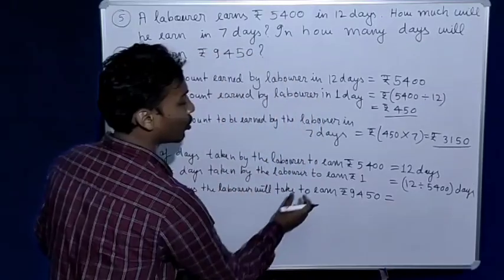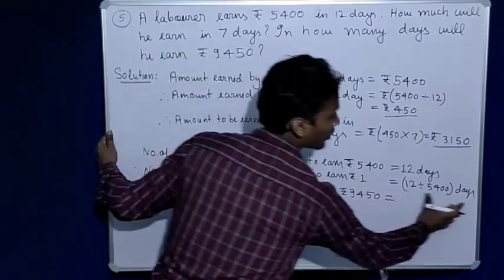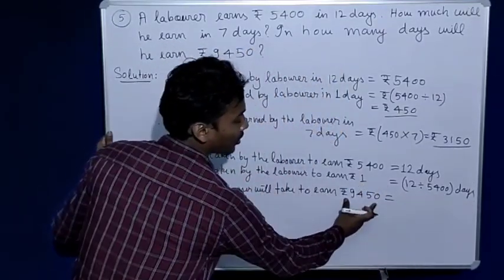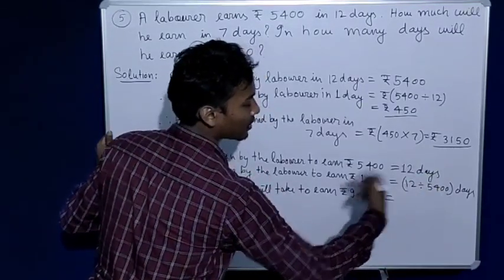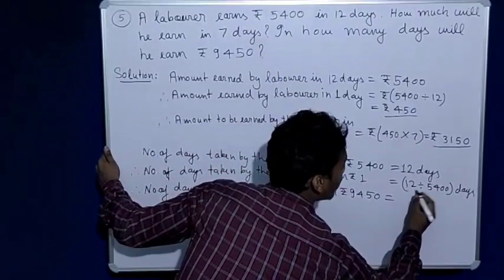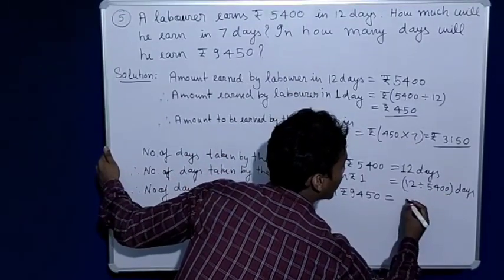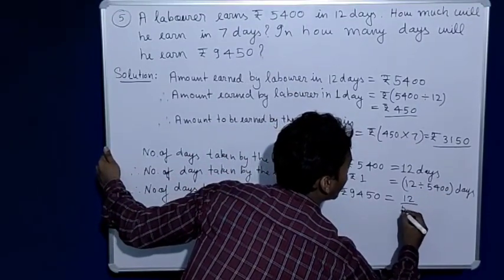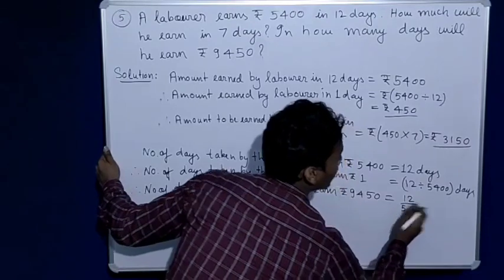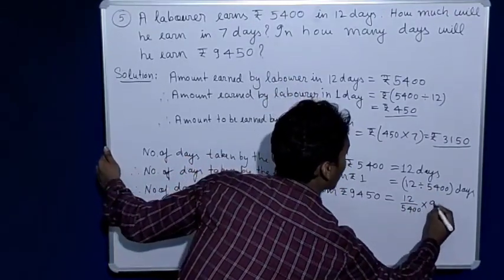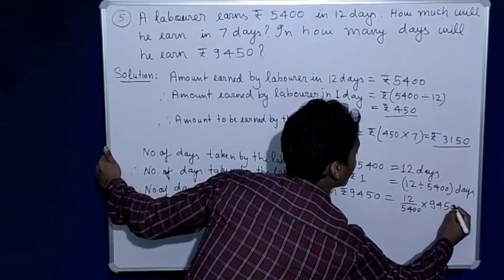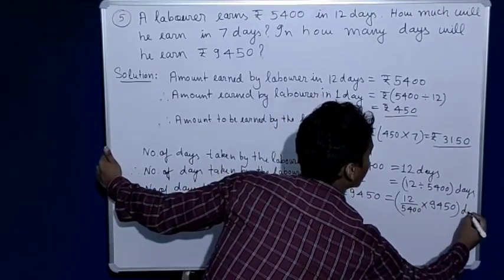So here we know rupee 1 he will earn in this many days. So this amount, that is 9,450, he will earn in how many days? We'll just multiply that. So it is 12 by 5,400, which means the same thing as division, into 9,450 days.